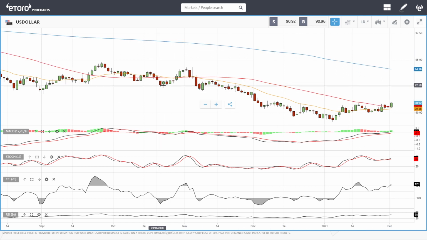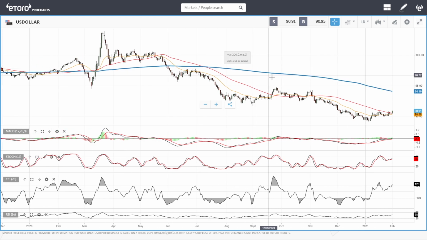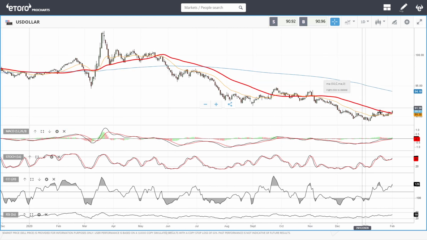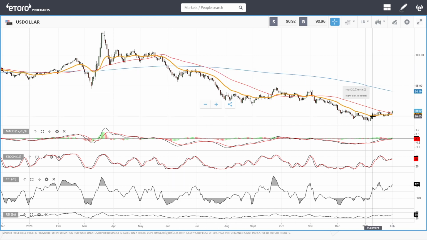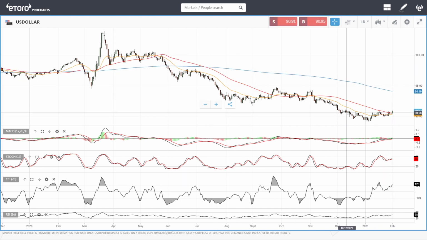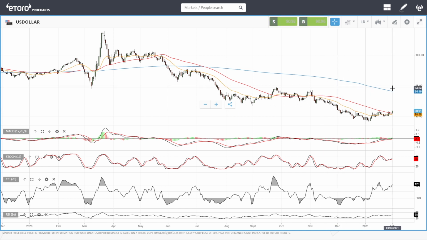However, we have been rallying above the 50 moving average several times in the past. We were on a rally here all the way above the 50 moving average. The same goes for here. So we have done this several times in the last few months. It does not mean that we are going to have a trend reversal, that we are going to see the US dollar go and trade above the 200 moving average and go all the way above 100 again.